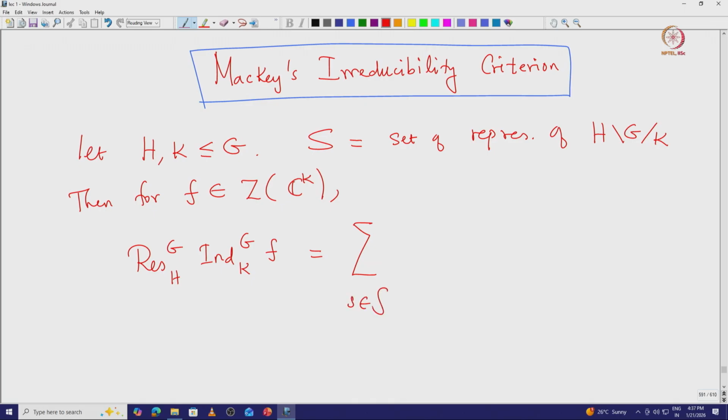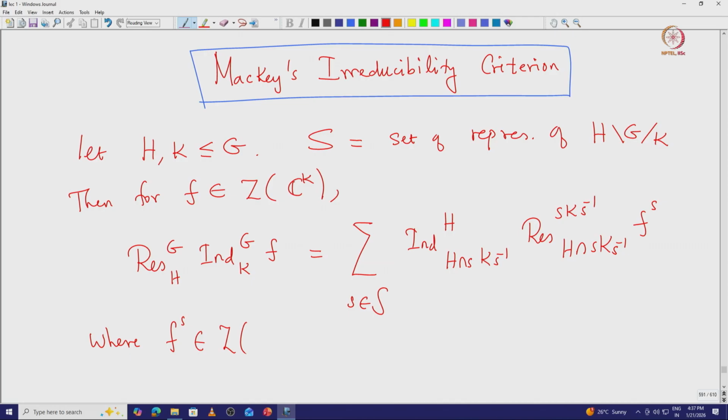Sum over s in S of the induction from H intersection sKs inverse to H, of the restriction from sKs inverse to H intersection sKs inverse, applied on f_s. Here f_s is a class function on the subgroup sKs inverse, given by f_s(x) equal to f(s inverse x s).